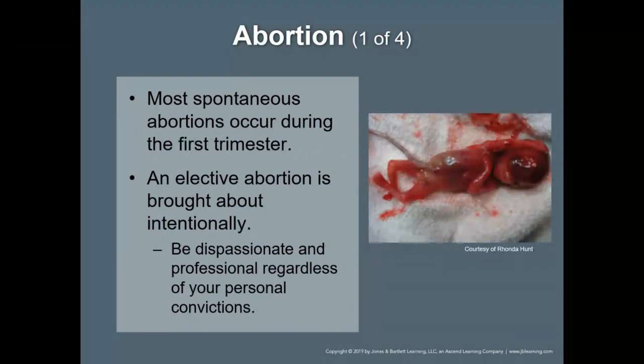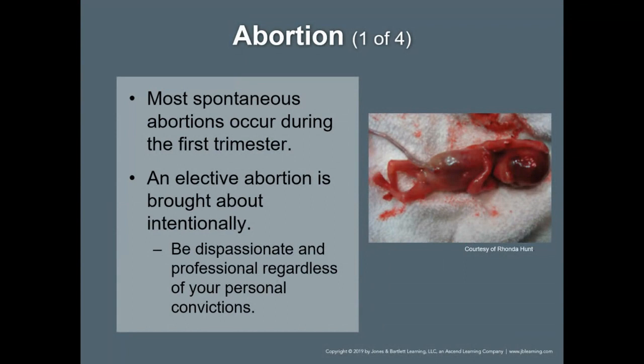If it was a decision they made, it may have been the best decision for them and that child. Our job is not to judge. Our job is to keep them alive in the event that they may have excessive bleeding or pain or incomplete abortion or miscarriage, same thing, and they need medical attention.